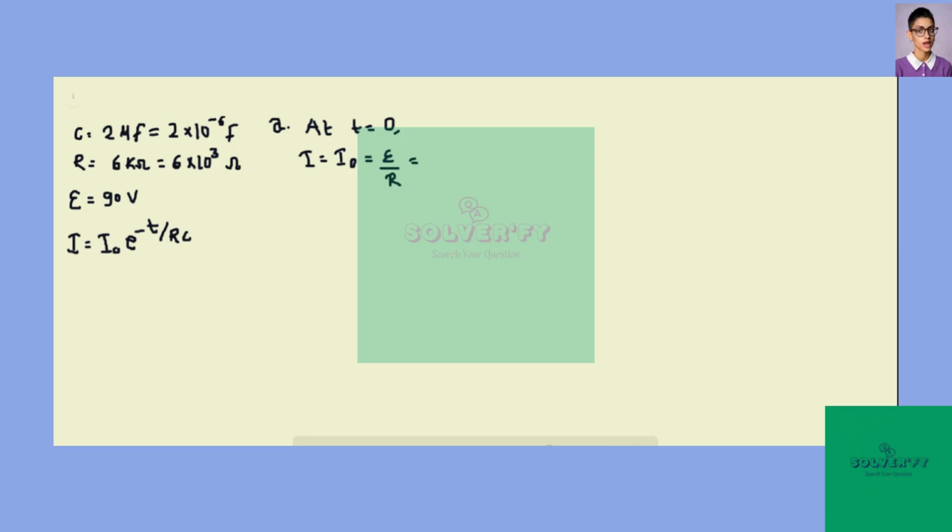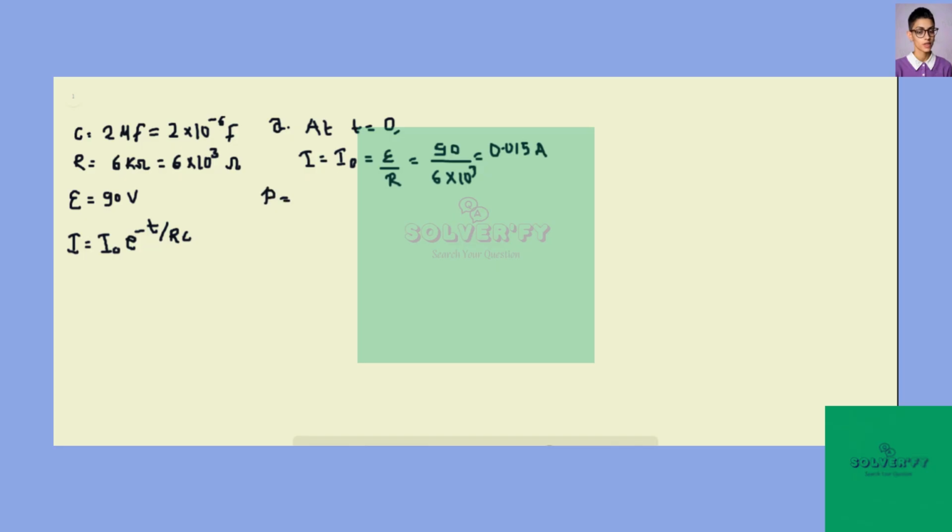So the maximum current that is flowing is 90 upon, what is R, 6 into 10 to the power 3. So this gives me I equal to 0.015 amperes. Now we need to calculate the power dissipation.